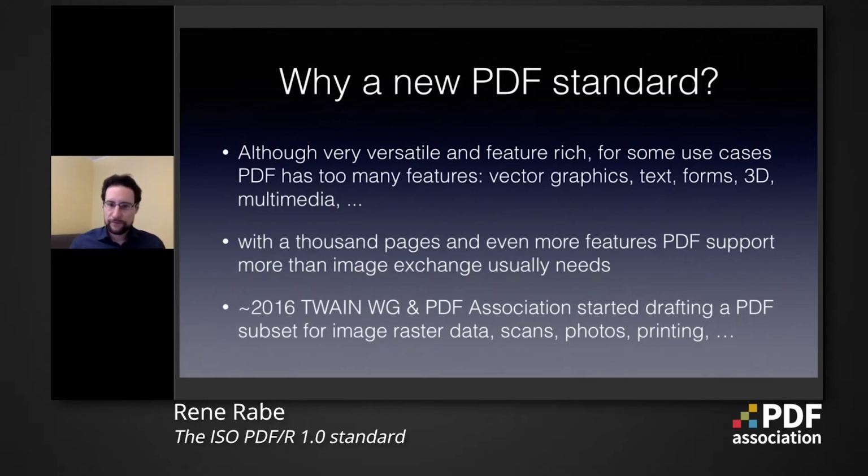So with PDF having so many features and thousands of pages in the standards that we didn't need, we started to draft a standard document for internal use, or some request for comments, an RFC, with just the features we needed for image data, like pixel data, scanned or photography, and nothing more.